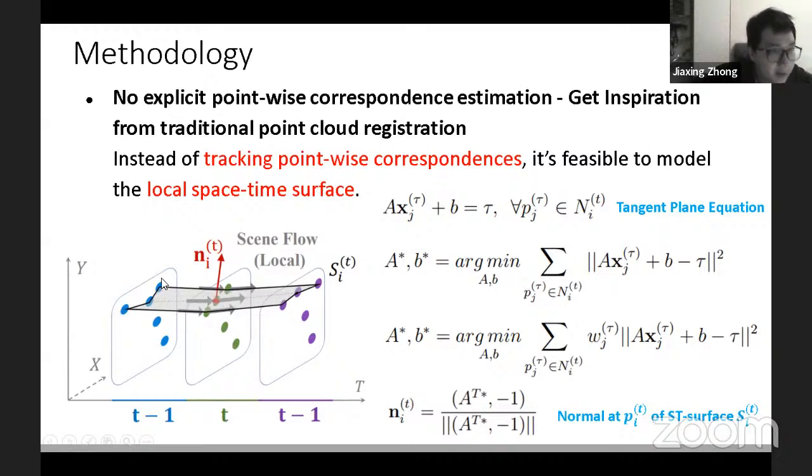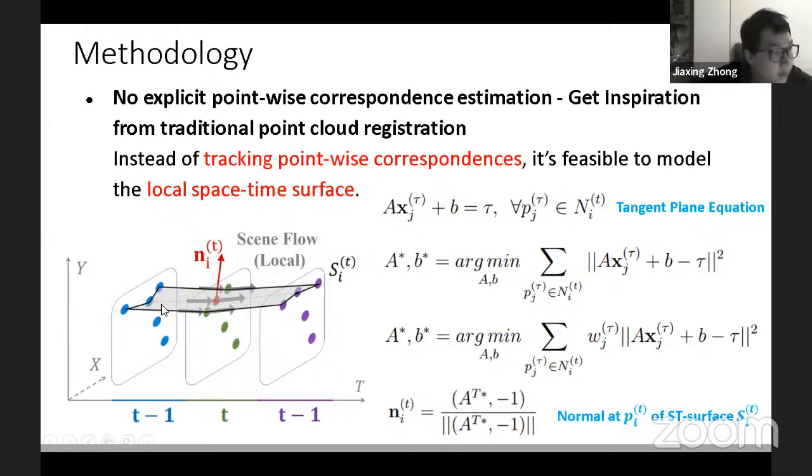Instead, it seems feasible to model this as a local space-time surface, like the gray plane. Since local movements have some consistency in a very small area, although they are point-to-point correspondences, they have almost the same movement in this area.